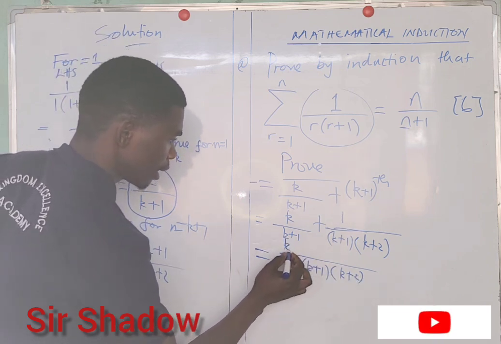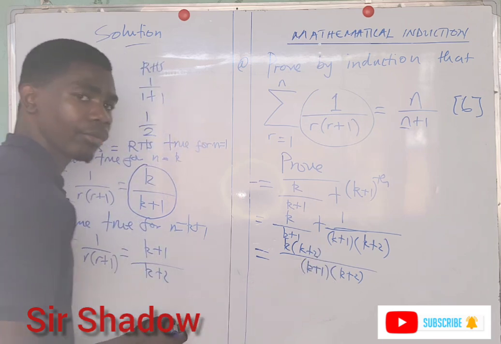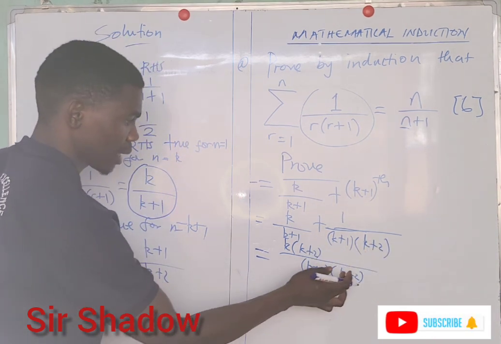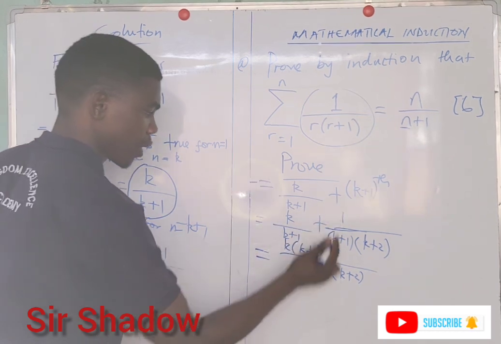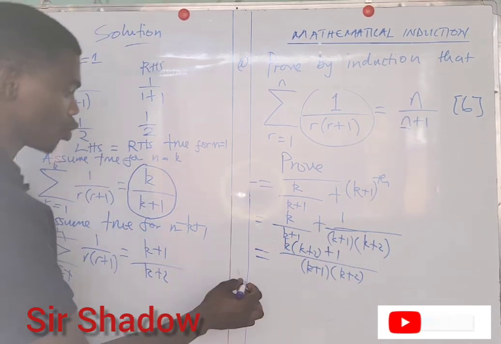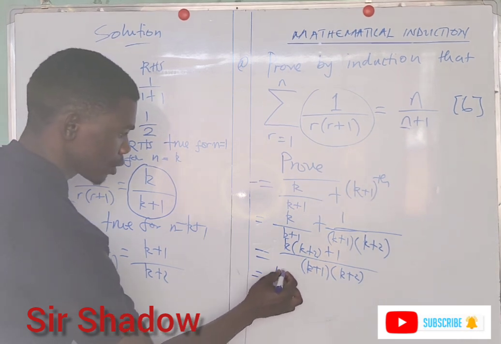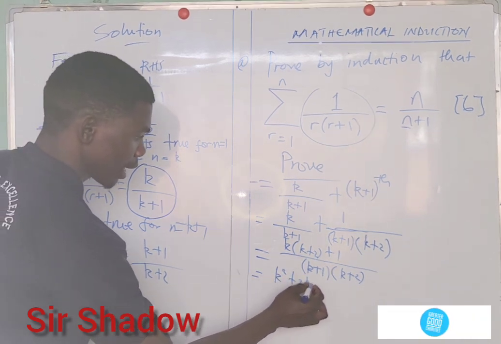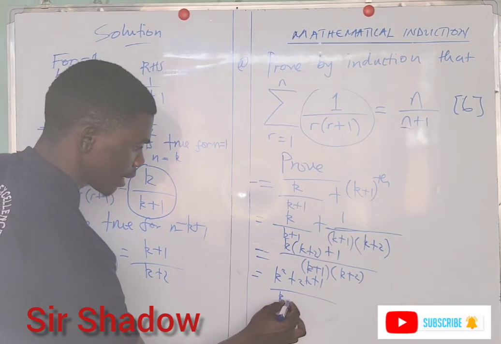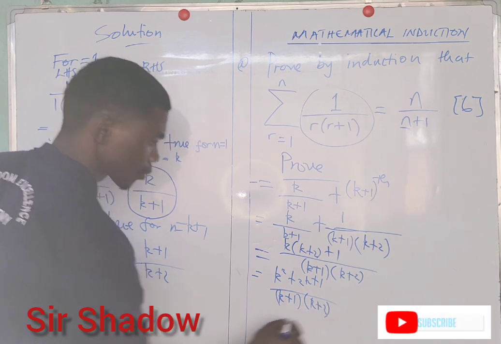So k on the numerator is multiplied by k plus 2. Then k plus 1, k plus 2 into k plus 1, k plus 2 is 1, and 1 times 1 is 1. Then let's simplify the numerator. Now we have k squared plus 2k plus 1 all over k plus 1, k plus 2.